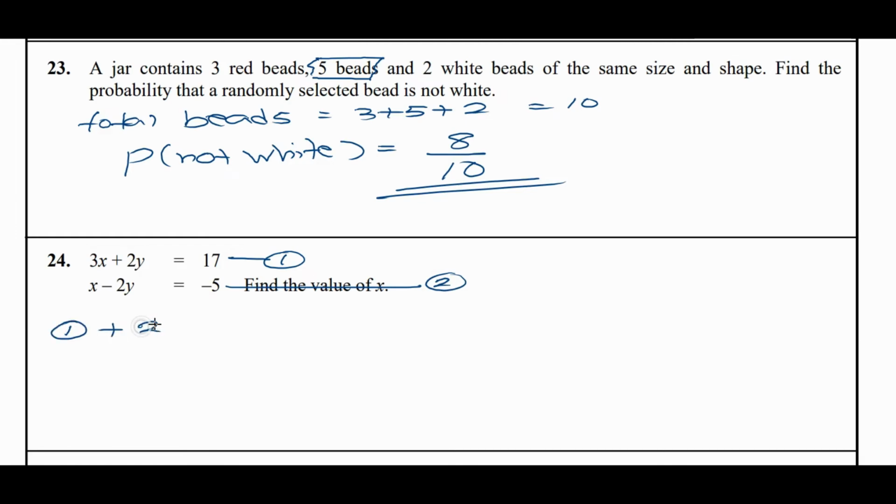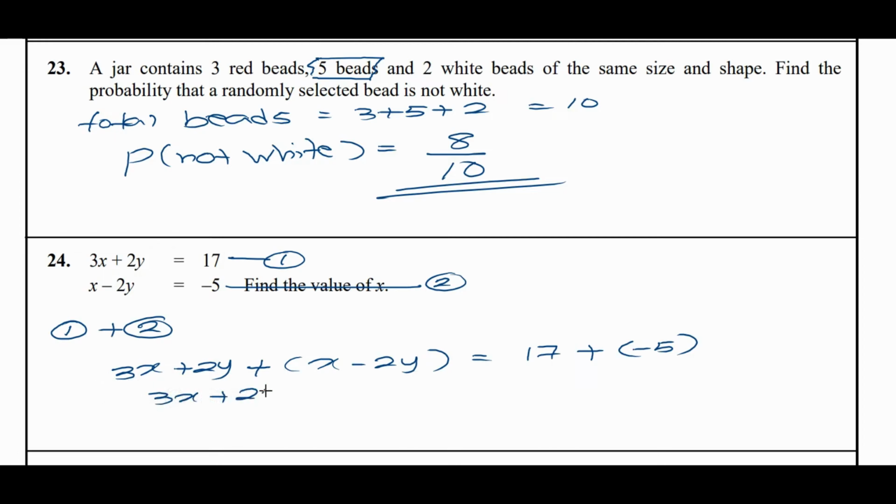By 1 plus 2, you will get 3x plus 2y, plus x minus 2y, equals 17 plus minus 5.